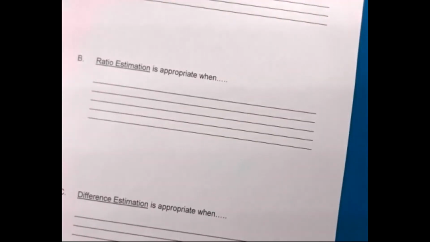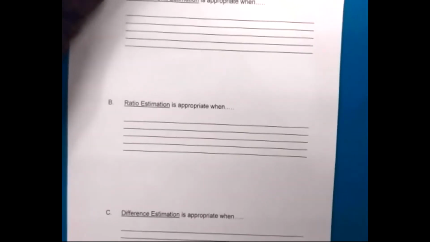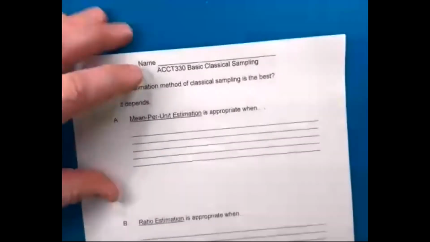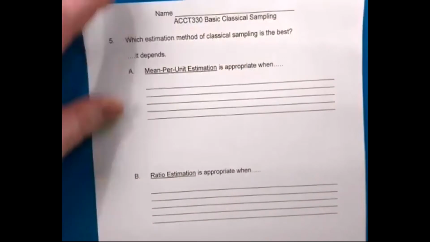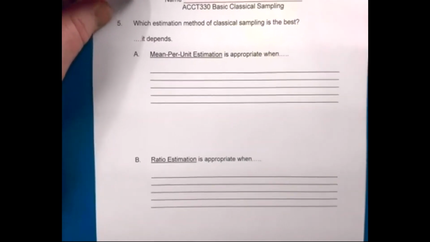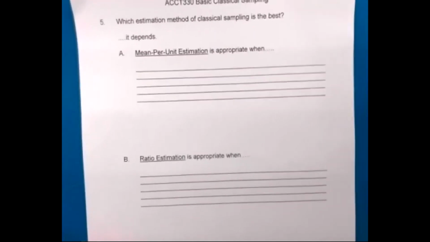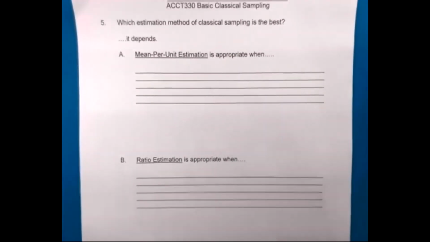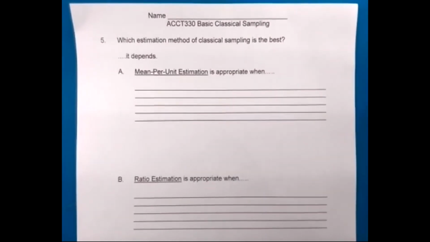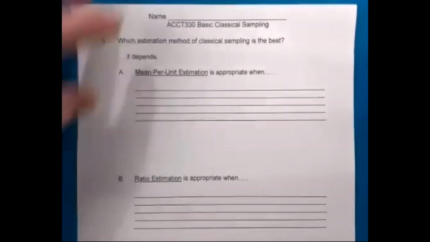But I want to do page 6 together a little bit here. As we saw, depending on what method you use, it could be understated or overstated, so the question is, which one of these is appropriate? We're going to talk about that.